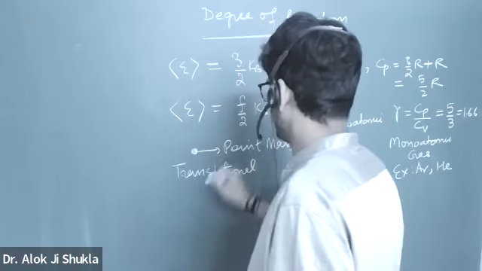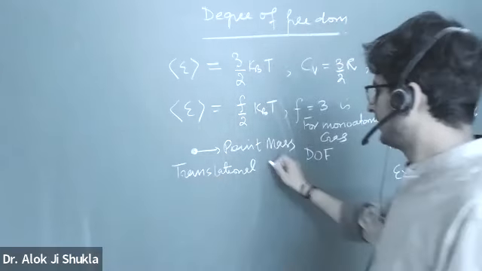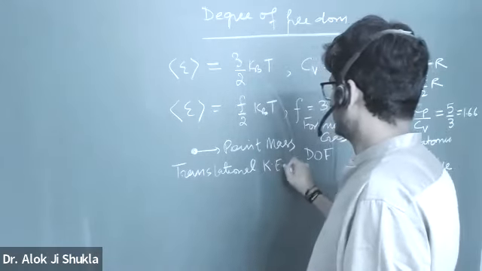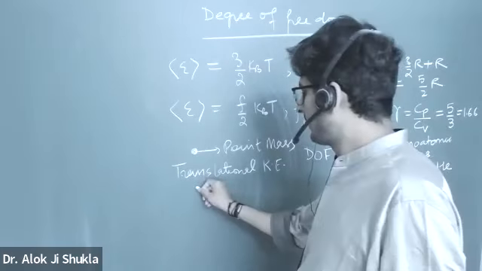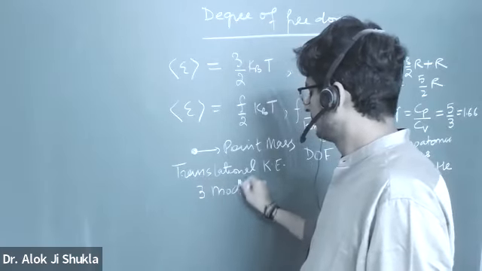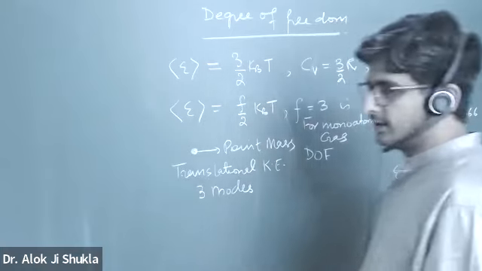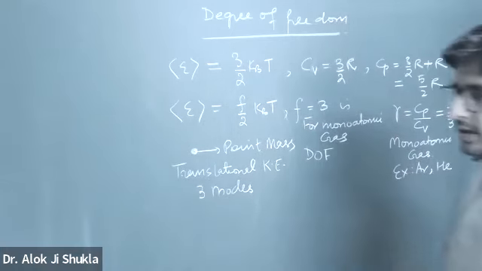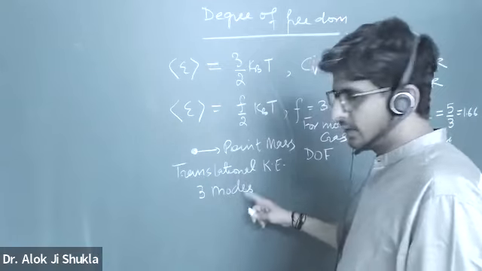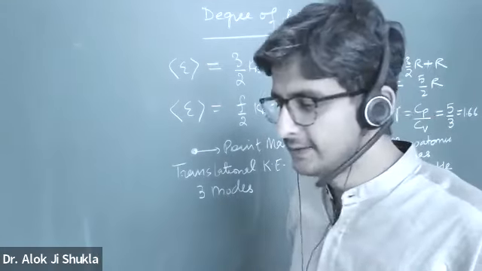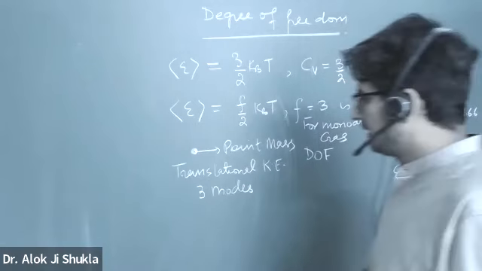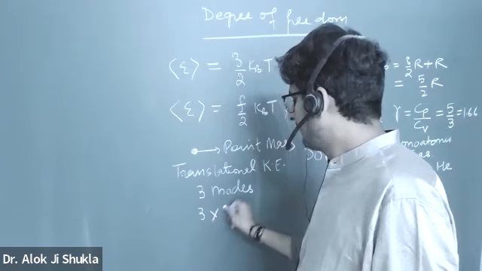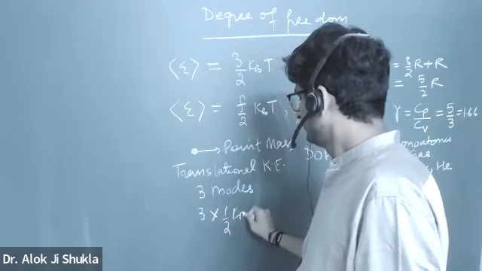Translational kinetic energy was present there. And because three modes were present, I will explain now, one corresponding to the x-axis, another to the y-axis, another to the z-axis. So three modes were present. Because of that, 3 into half kBT is the energy.